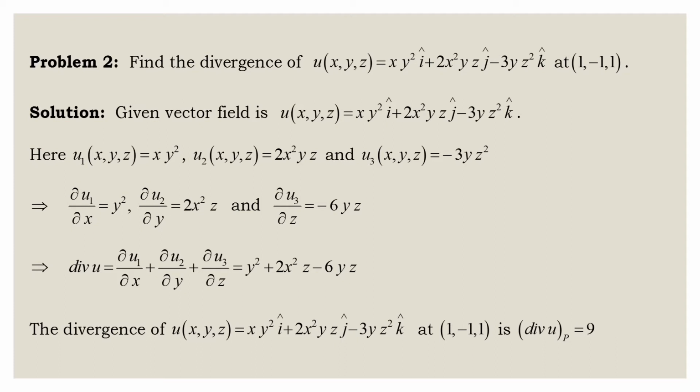If we substitute these values, div u equals 1 plus 2 plus 6, which equals 9. So the divergence of the given vector field u of x, y, z in this problem at the given point P (1, minus 1, 1) is 9.